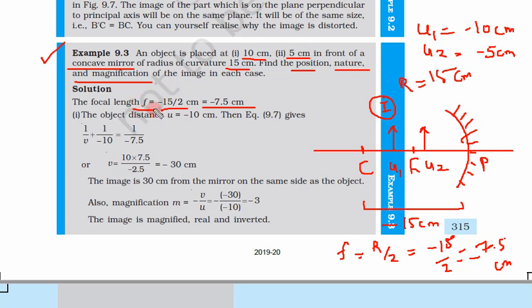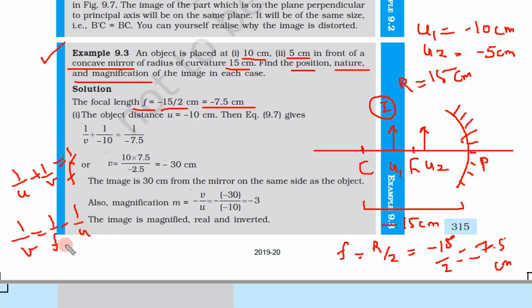Now to calculate the distance of image, we have the formula. What is our formula? Mirror equation, 1 upon U plus 1 upon V is equal to 1 by F. From this formula, what we know, 1 by V is nothing but 1 by F minus 1 by U. So let us put all the values with the sign.